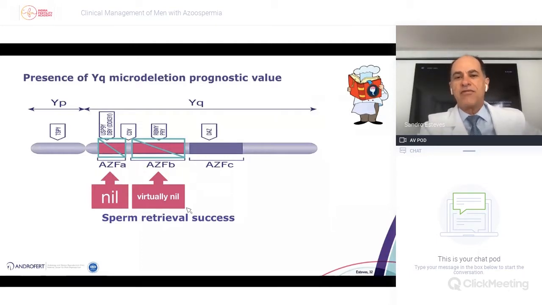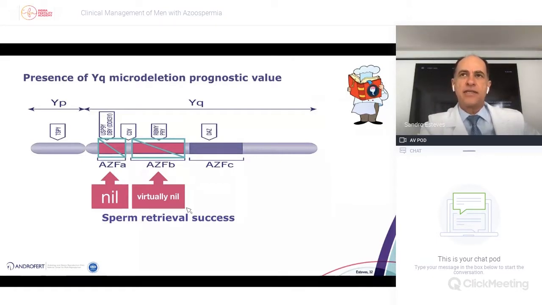AZF-B is, again, a very poor prognosis for actually retrieving sperm. In virtually all cases of AZF-B microdeletions, we won't be able to find any sperm within the testicles.